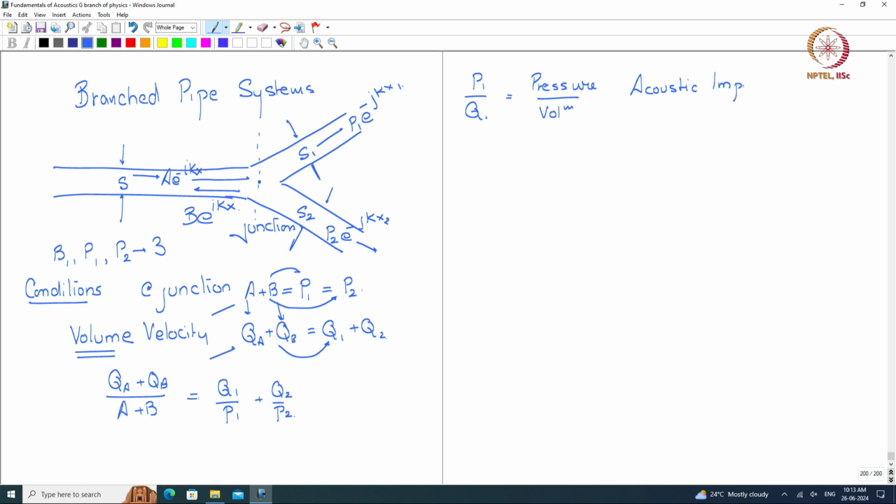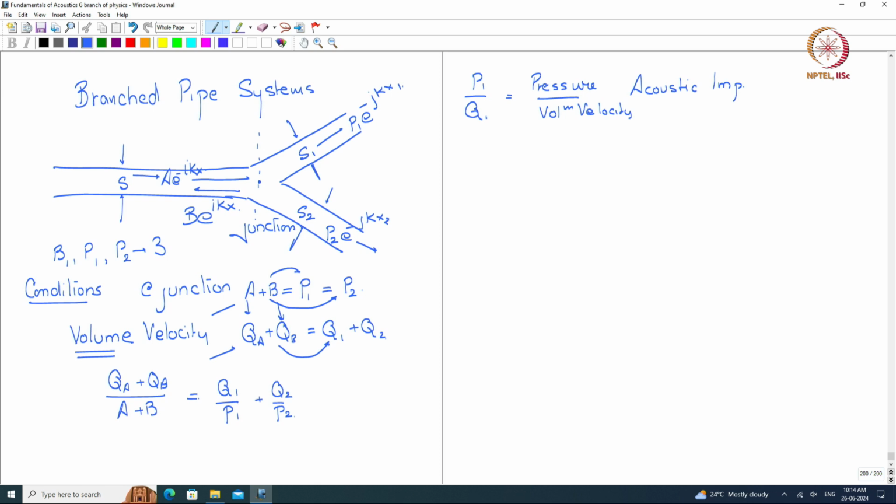Pressure over velocity is specific acoustic impedance. So far I have been addressing that only, but not mentioning it every time. So pressure over volume velocity is actually the acoustic impedance as it is mentioned in textbooks.